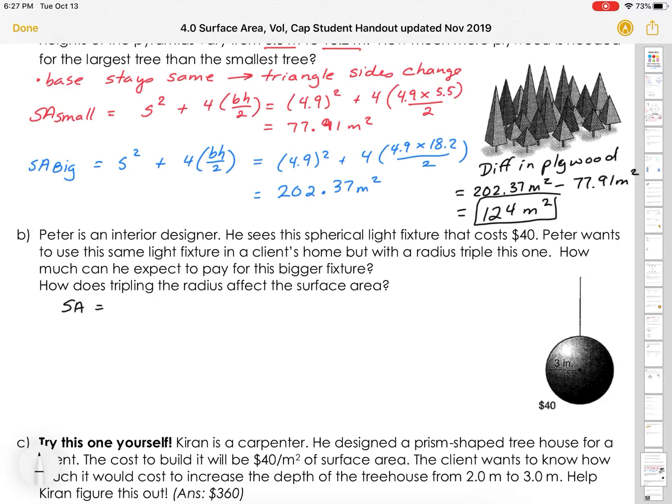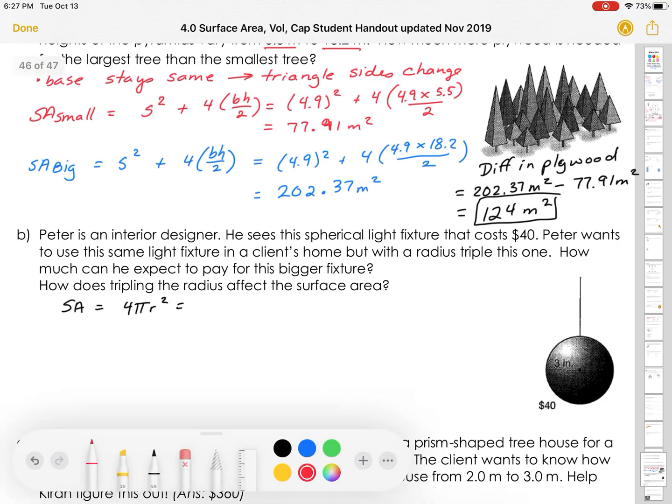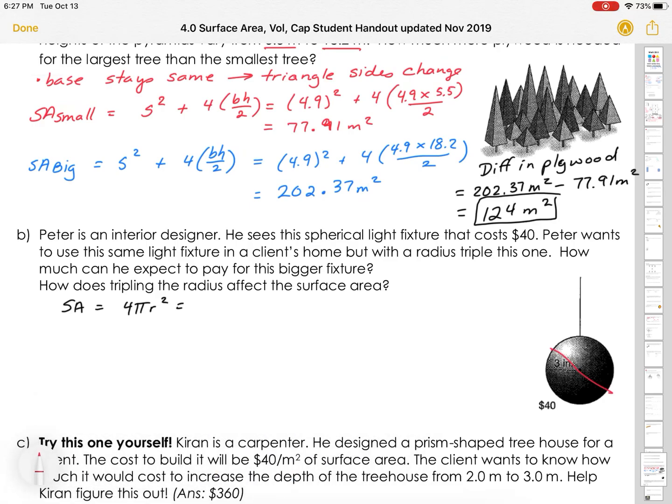So let's find out the surface area of this sphere, as it currently is, 4 pi r squared. And we don't know how big it is, right? So let's assign a value to it, and then we'll triple it. Because right now it doesn't tell us how big it is.